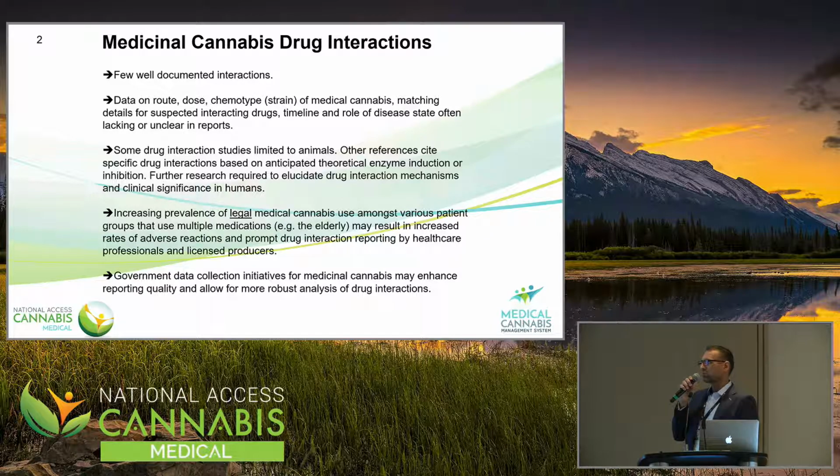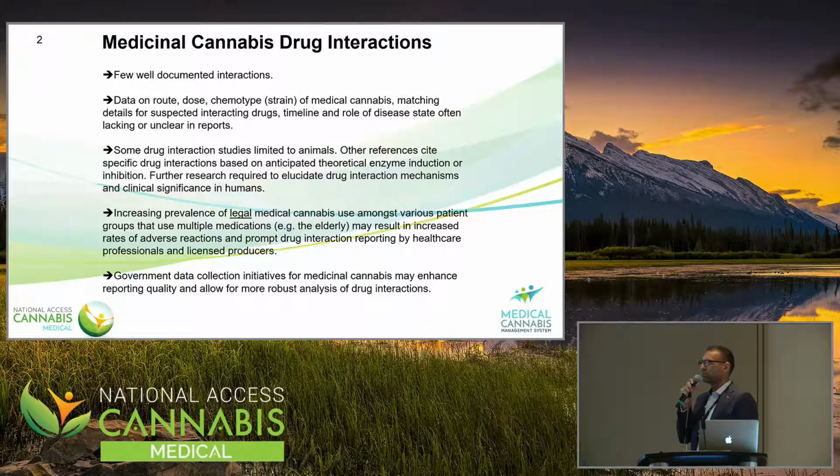So the reports in general are unclear. Some of the interaction studies are limited to animals, and some of them are theoretical. They might be in vitro, in the test tube, rather than in vivo, rather than in live people. There's a ton of theoretical interactions that you'll see listed, but very few case reports.